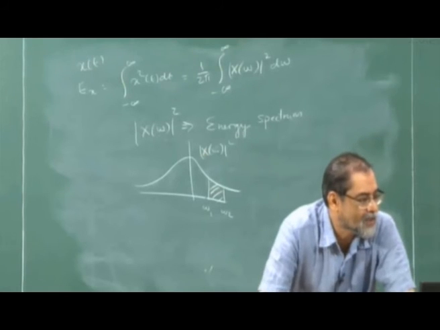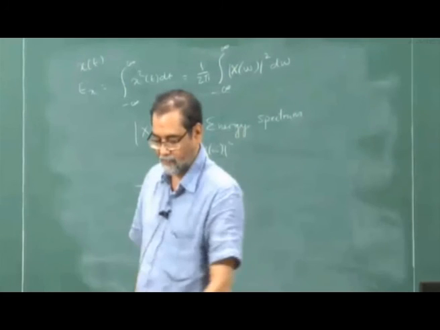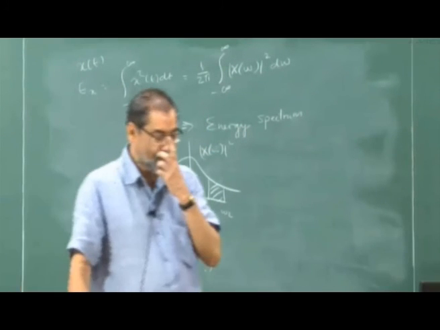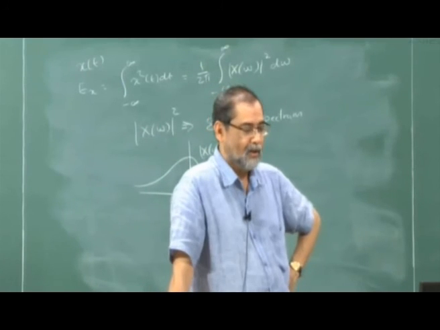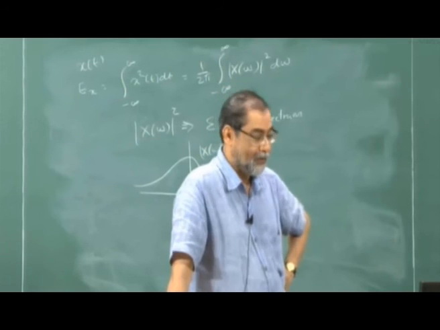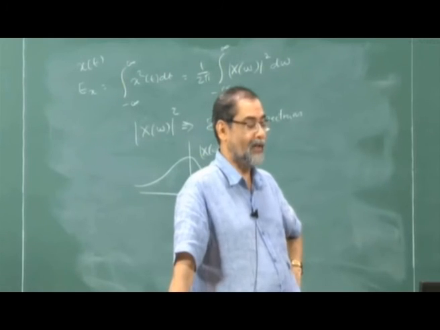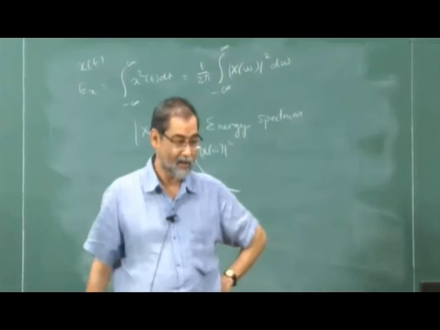We use Laplace transforms for analysis of a system. Why? Good question. Laplace transform is a generalization of Fourier transform. In Fourier transform, we take the integral of x of t with e raised to minus j omega t. In Laplace transform, we take e raised to minus st. S is the complex frequency which we discussed in the class.